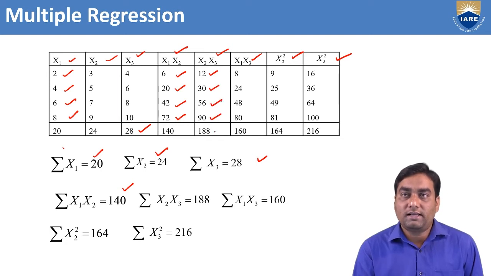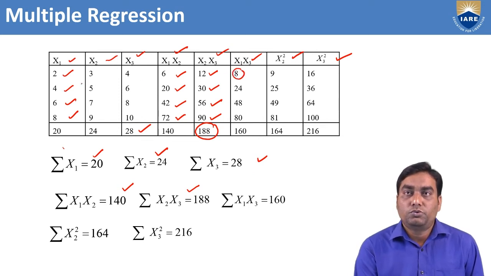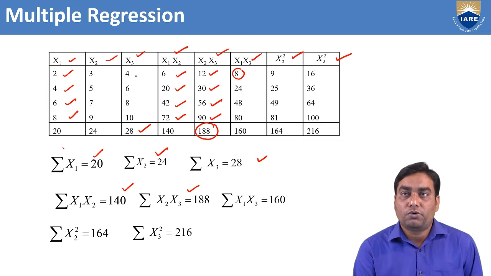Adding them, sigma x2 x3 is 188. Similarly, sigma x1 x3: 2 into 4 is 8, 4 6s are 24, 6 8s are 48, 8 10s are 80. If you add them, we get 160.